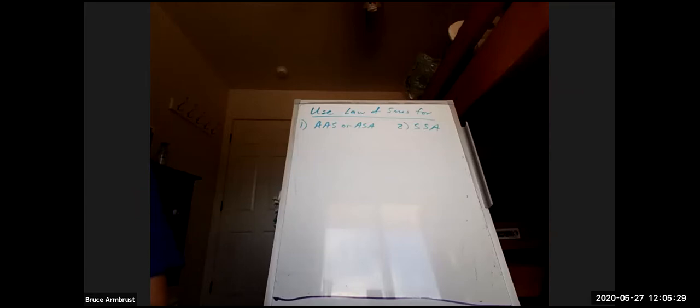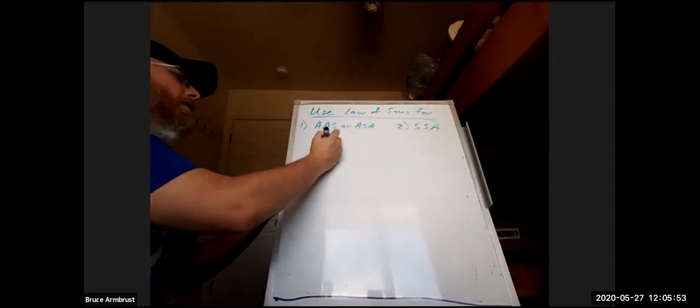Like before, when Eris said it didn't really matter whether it's ASA or AAS, while that was true, when it's two sides and an angle, it absolutely matters which one we have. But you can probably see why this is going to work for side-side-angle, but it wouldn't work for side-angle-side.